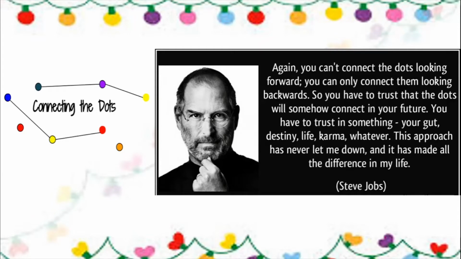You cannot actually decide what you are going to do in the future, because you do not know what will happen to you in future. The various events which are going to happen, you naturally cannot connect those dots. You cannot try to find a relation between them because you do not know what will happen. So you can only connect looking backwards.